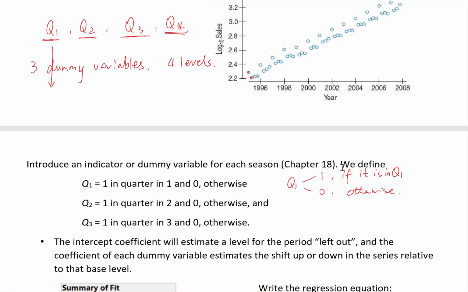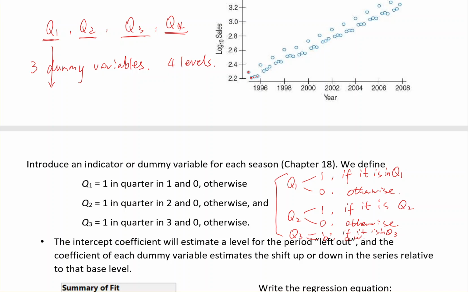And then what about Q2? Q2 equals 1 if this point is in quarter 2, 0 otherwise. And then Q3, the same thing: 1 if it is in Q3, 0 otherwise. Right, so this is how you set the dummy variables.